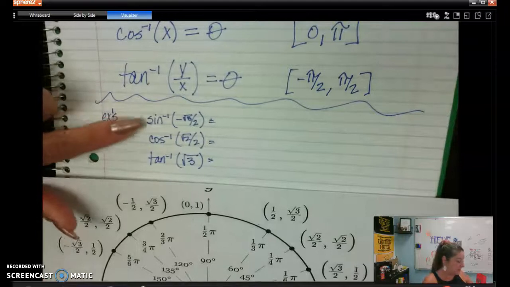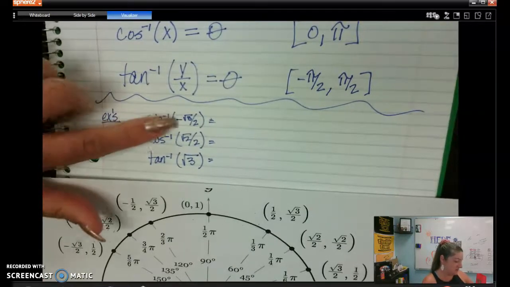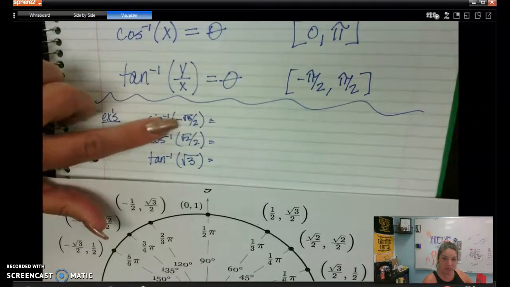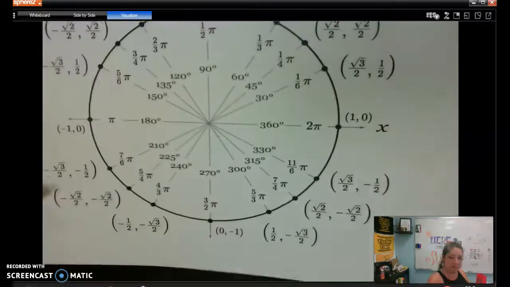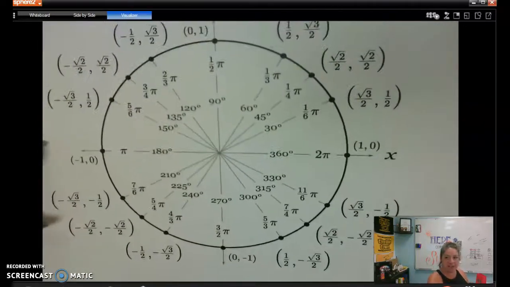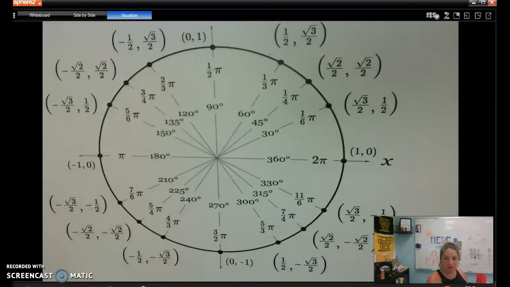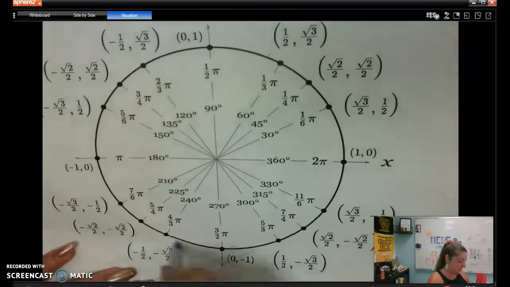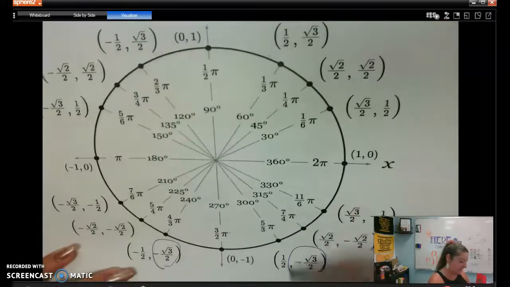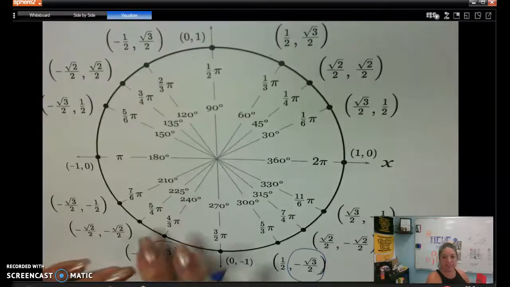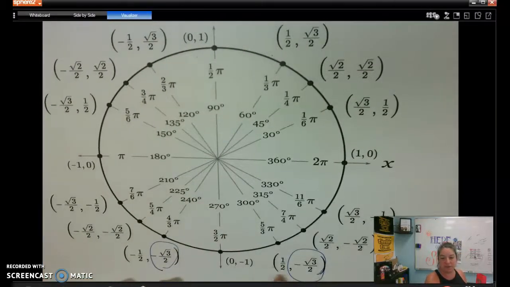We're looking for the inverse sine of negative root 3 over 2. So I want my y value at negative root 3 over 2, and I see it down here, and I see it down here. I see it in quadrant 3, and I see it in quadrant 4.